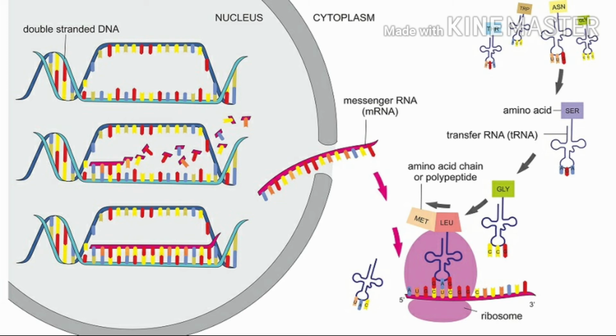Simple process. First, inside the nucleus mRNA is produced, and outside the nucleus protein is produced. So the mRNA binds to the ribosome, and the tRNA with amino acid combines with these codes and translates them into an amino acid chain.